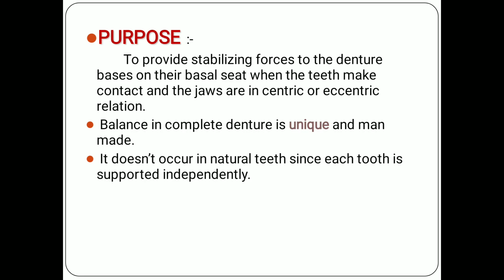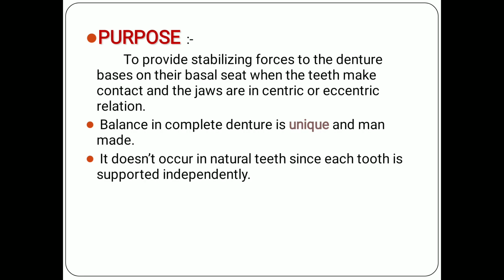So what is the benefit of giving balanced occlusion? Because when you give the dentures to the patient, they should work. Different types of forces will be acting: masticatory forces, chewing forces. Some may have bruxism.